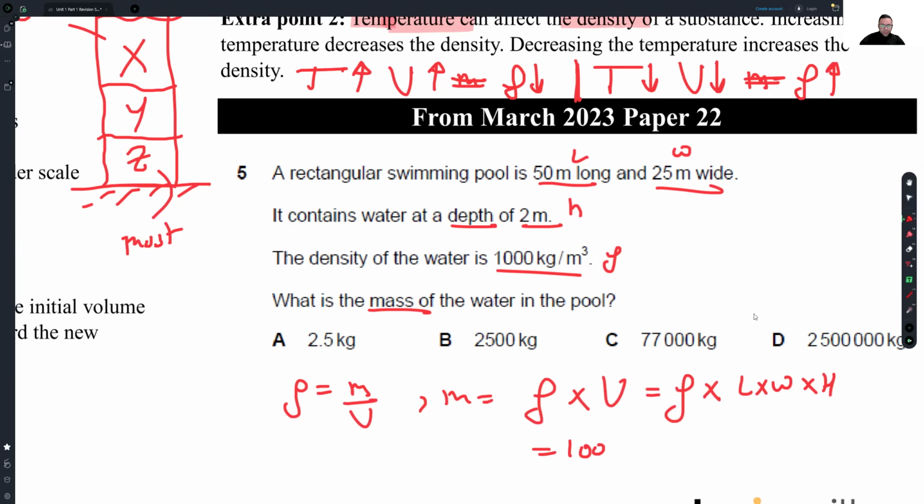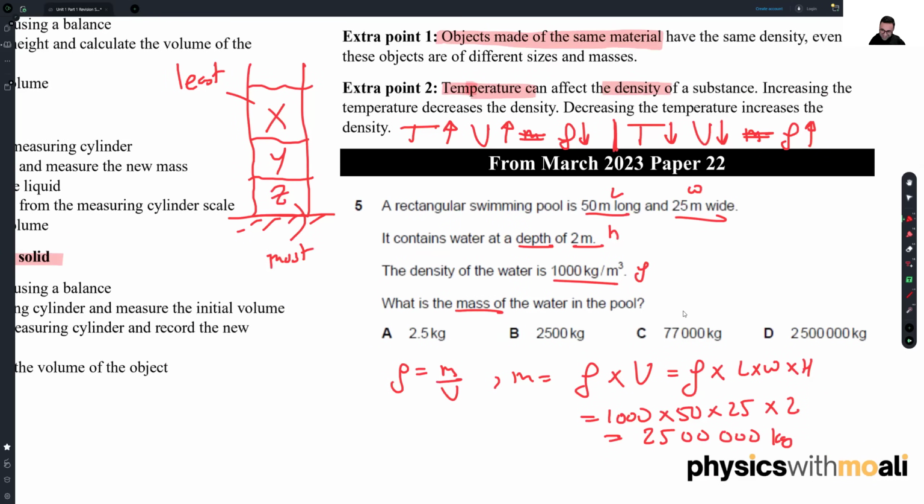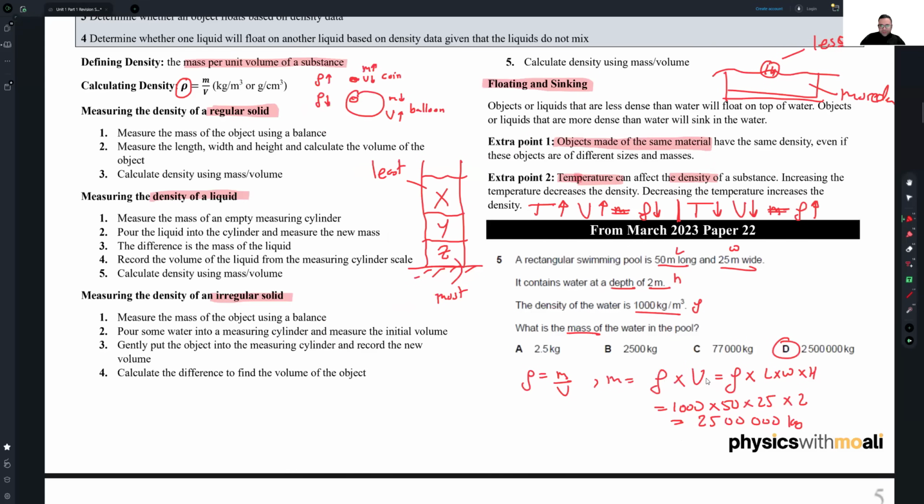So it's 1,000 times 50 times 25 times 2, which gives me a very big number, 2,500,000. Now, honestly, usually with these questions, I prefer to write it in standard form. But because this is a multiple choice question and that answer is there, I'm just going to choose it. But I would prefer to change it to standard form.